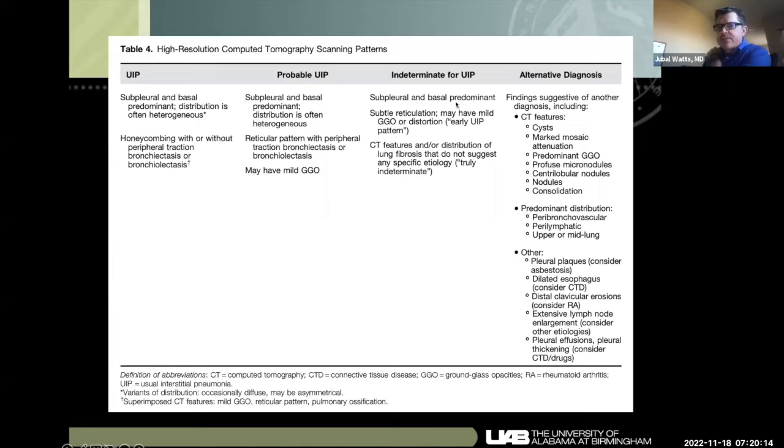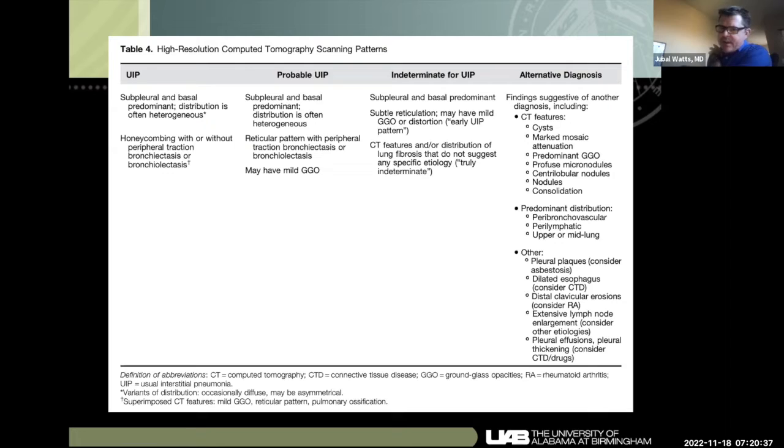So this is when it can be subpleural and basilar predominant, but it has other features that would suggest it may not be IPF. So maybe they have some air trapping, but it's mild, but they have no exposures, but the degree of air trapping would make HP, without a possible exposure history, a reasonable differential.